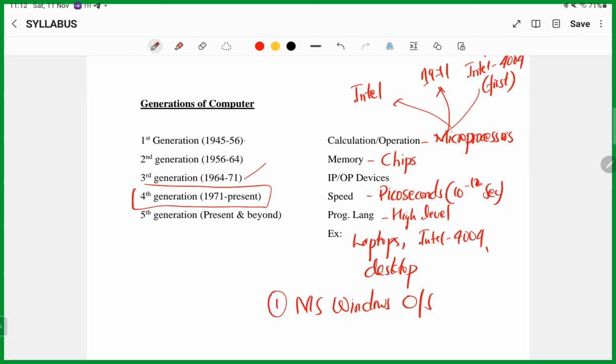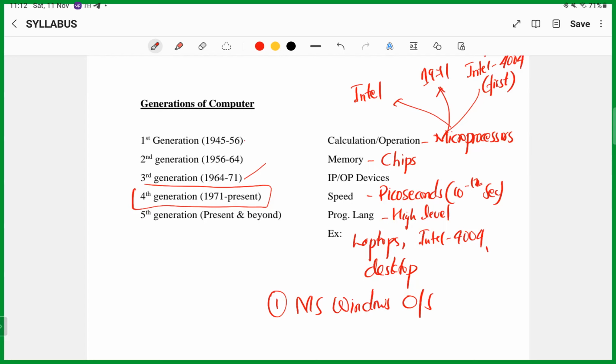The MS Windows operating system was introduced. The operating system in this generation is MS Windows. We use MS Windows now, right? 11, 12, upgraded versions we use. That MS Windows operating system was introduced in the fourth generation. An operating system is nothing but the system that you use to operate things. The interface you use to work on the computer, we call it an operating system.